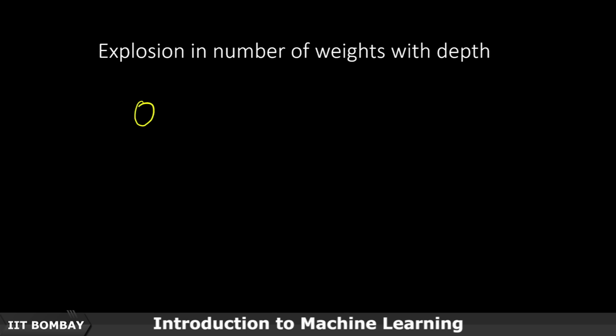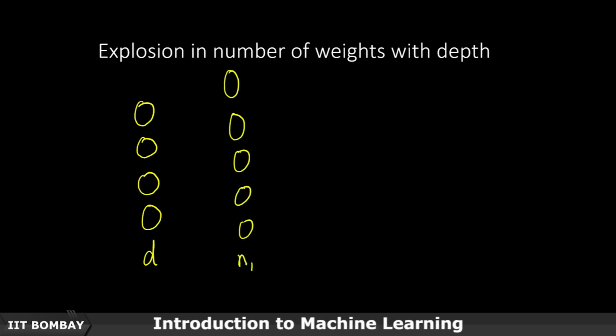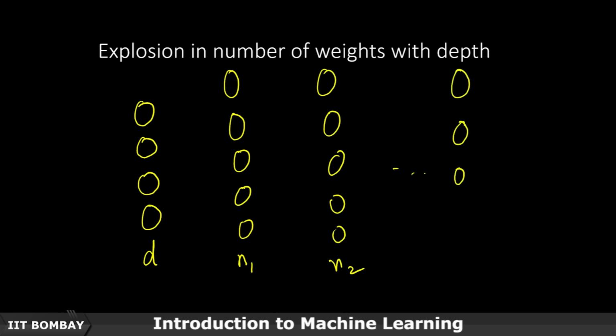Let's say you have an input of dimension d, and then we start to add hidden layers. The first hidden layer has n1 neurons, the second hidden layer has n2 neurons, up to, let's say, the last layer which has nl neurons.